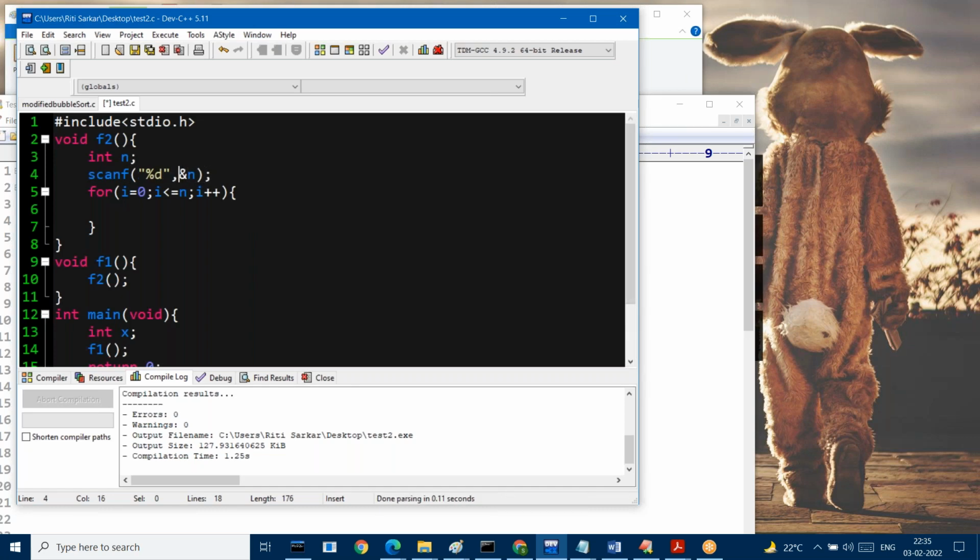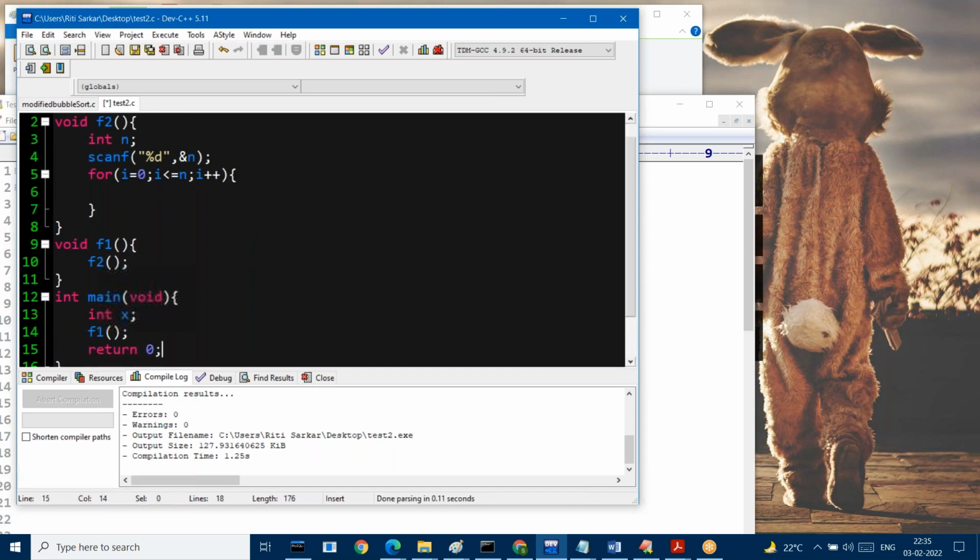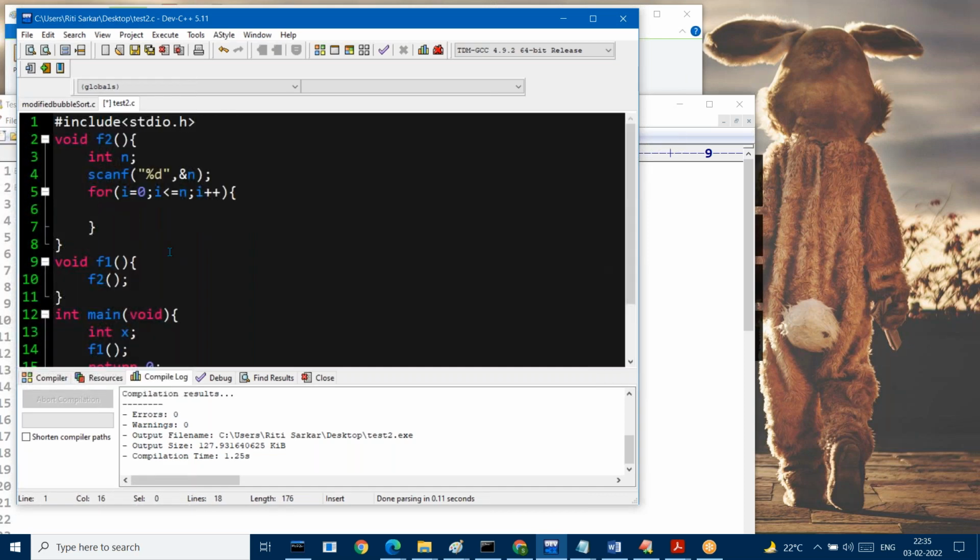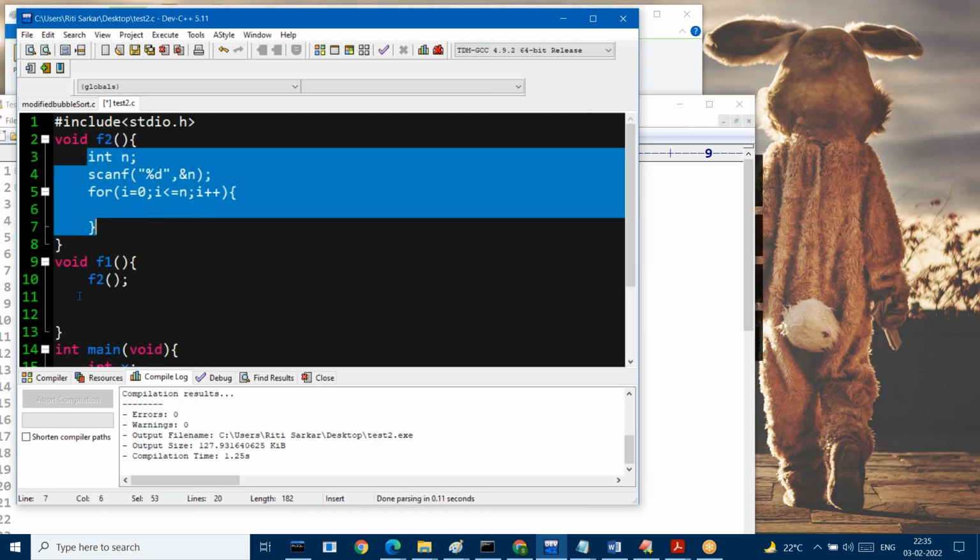Now someone is asking, tell me the complexity of f1. Now the f1 function is actually doing what? Calling F2. Don't you think that calling F2 here basically means writing the logic of F2? If I write that logic inside F1, copy pasted here, that is equivalent to calling F2.